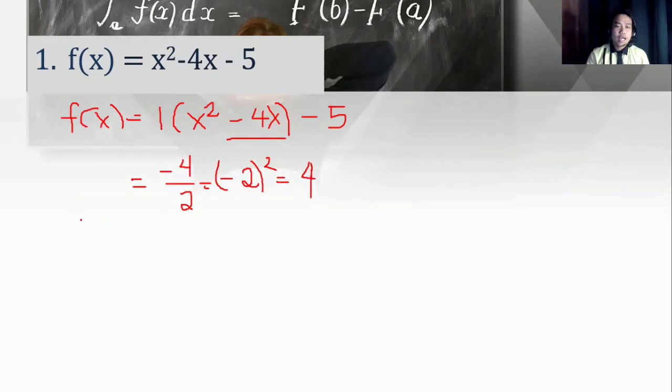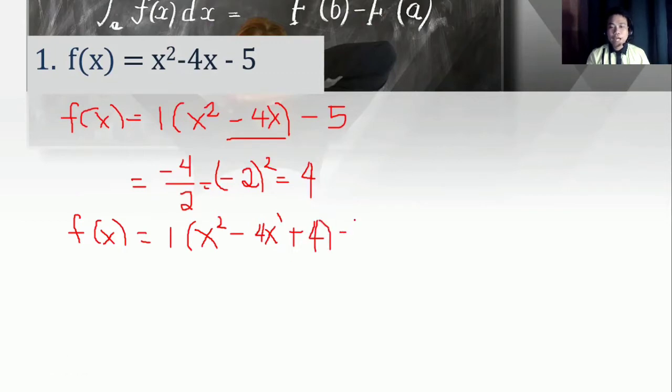Okay, then the equation now is f of x equals 1 times x squared minus 4x plus 4, minus 5, rewrite the constant. If we add 4, we subtract 4 from the constant.